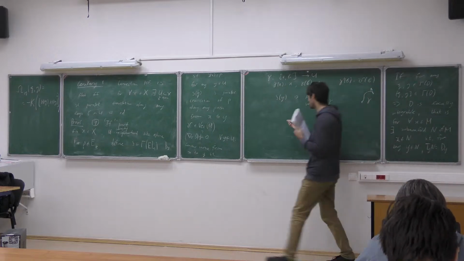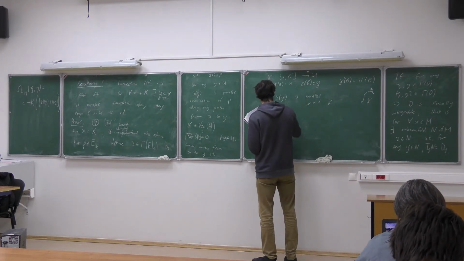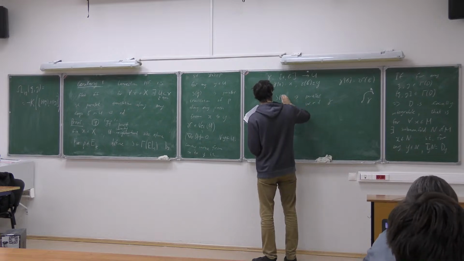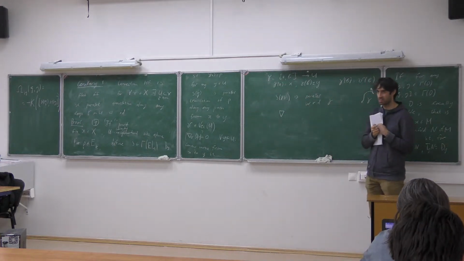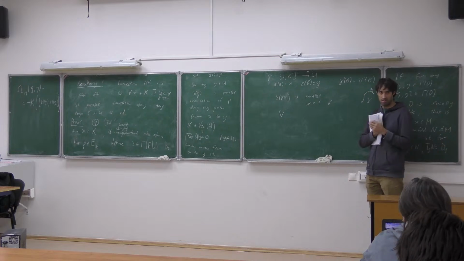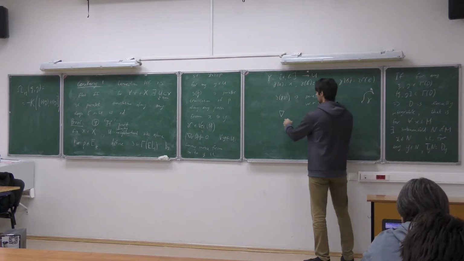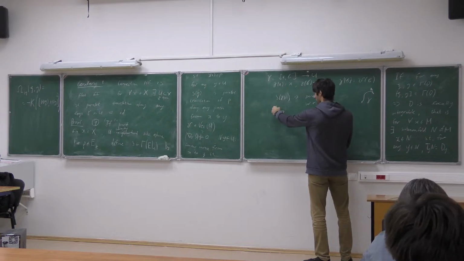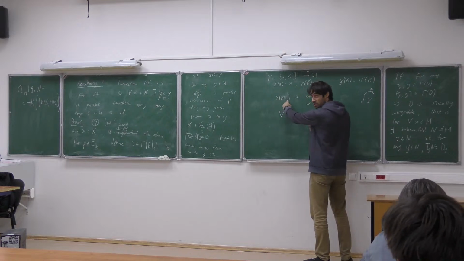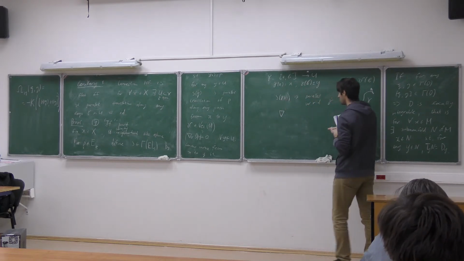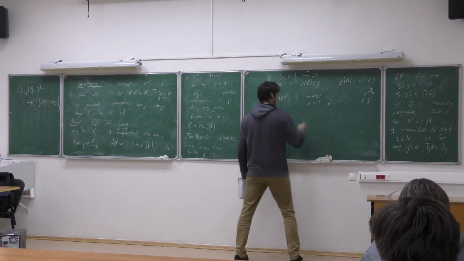So therefore, S of gamma of T, I should write like this, right? So this is like a curve up above. Since my nabla of S is 0, therefore nabla of gamma prime of S is also 0. So therefore, this is parallel with respect to gamma.